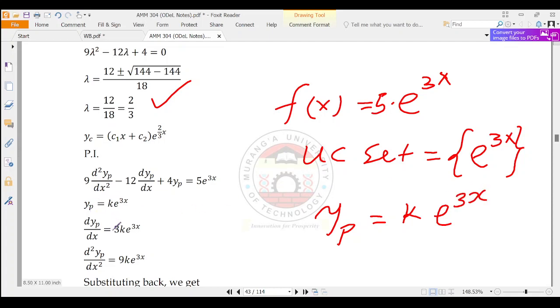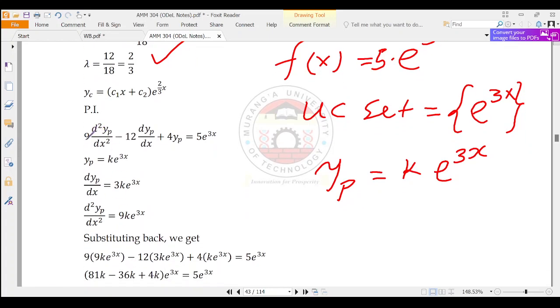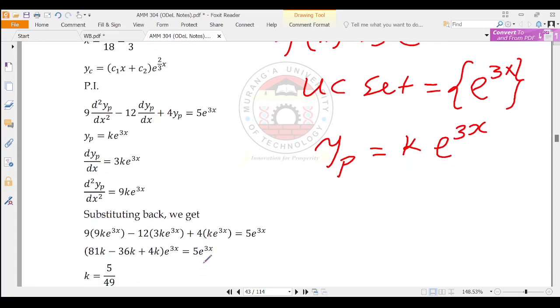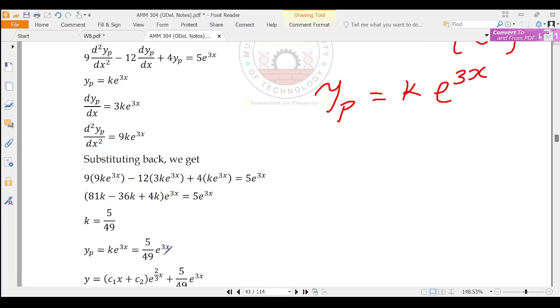Then we differentiate to get the first derivative and the second derivative, then substitute back: 9 times 9k e raised to power 3x minus 12 times 3k e raised to power 3x plus 4 times k e raised to power 3x. Simplifying this, we get k is 5 over 49, and we substitute back to get the solution.